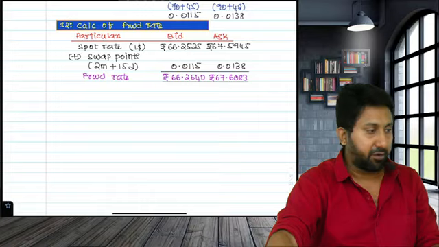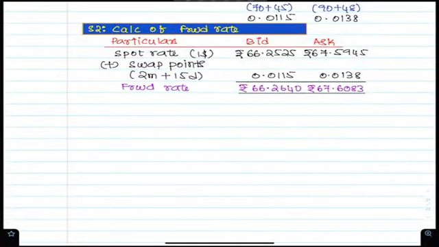Please calculate the forward rate. Copy down the answer. Nothing great here. We have already done so many problems this way. 66.2640, 66.6083. Okay, next one.